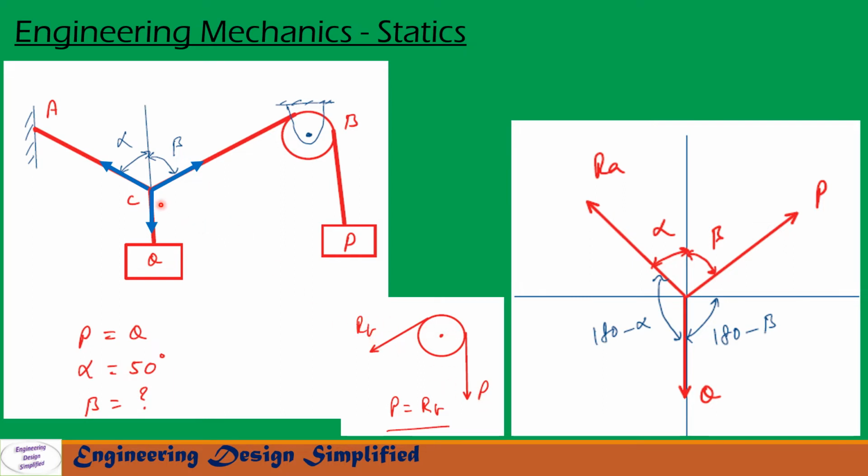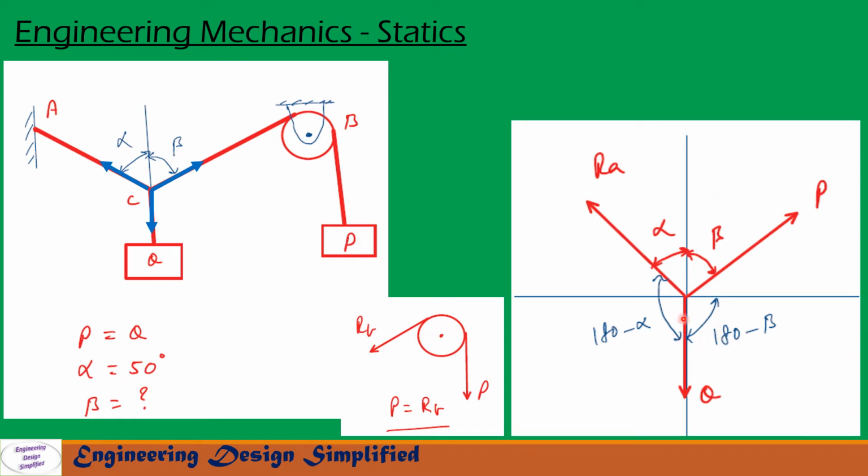Now let us see the free body diagram of forces and reactions at point C. At point C, Q is acting downwards, and this side of the string will experience a tensile force that we have just calculated, equal to P. This side of the string will also experience a tensile force RA at an angle alpha from the vertical, and the force P is at an angle beta from the vertical.